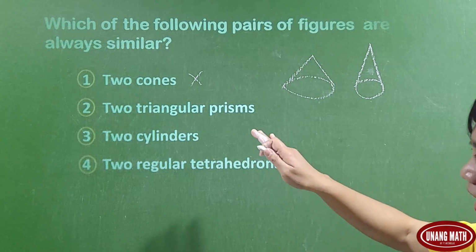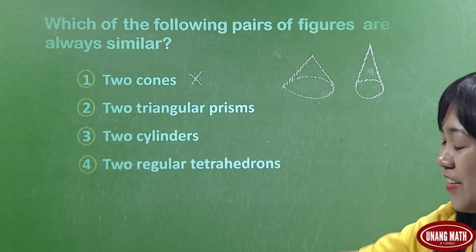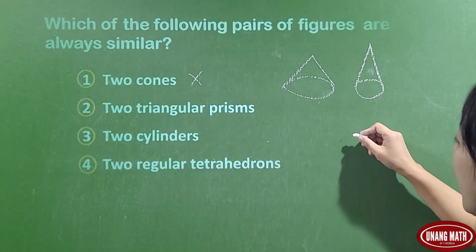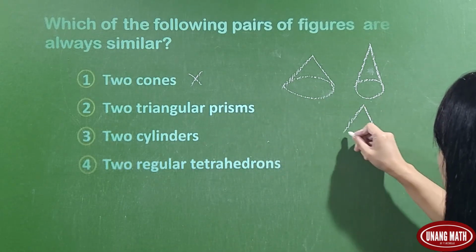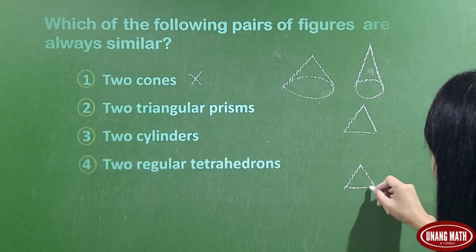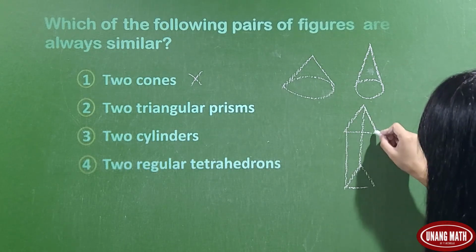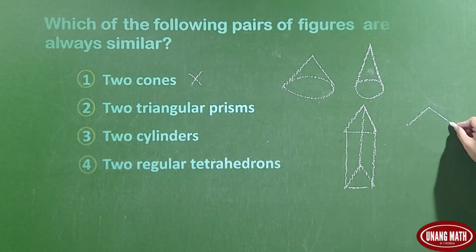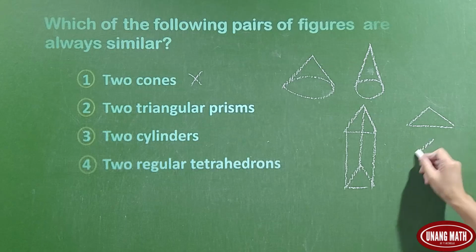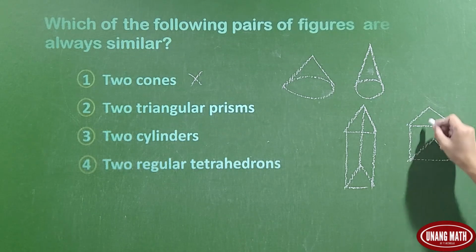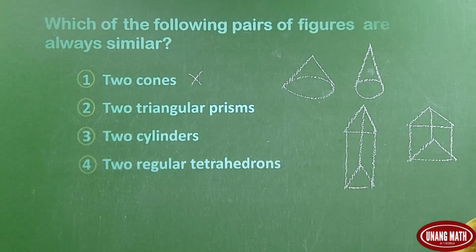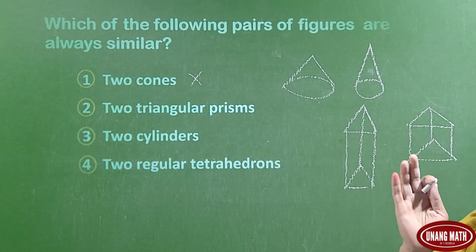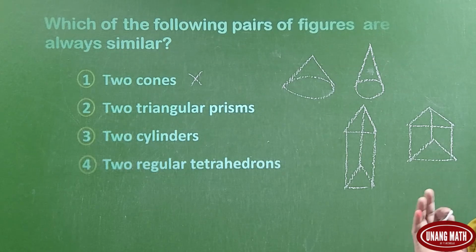Let's try two triangular prisms. Let's draw two triangular prisms. This is our first triangular prism, and we have here another one. Obviously, these two triangular prisms are not similar figures.